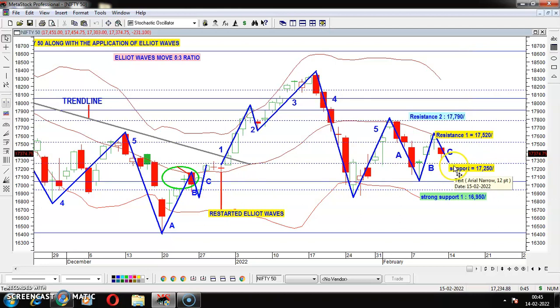So now we have to wait for the signal of the Elliott waves. The moment this last corrective wave, C, ends, then we can see whether it will go towards the upside or downside.